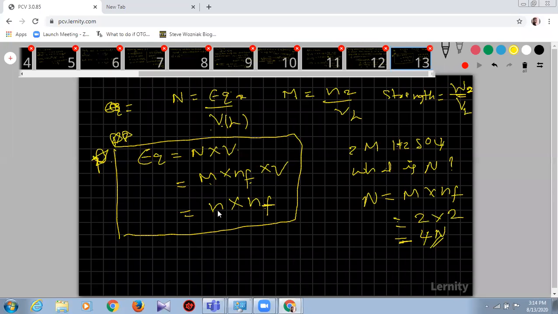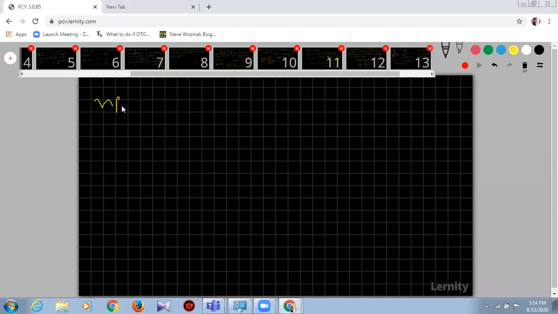So now what am I here? Yes, I will show. Yes, someone is asking what is n factor? Okay, I will explain. N factor is equal to the basicity of acid.